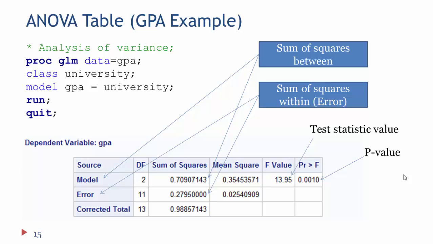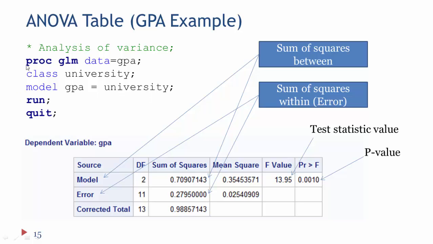analysis of variance procedure, and for that we'll use a general linear model framework in SAS, and this is called PROC GLM. Okay, so PROC GLM data is the GPA data that we want to use, and then we have to declare which is the class variable, which is the categorical variable, in this case the university, and then we have to write the model statement where the outcome variable, the dependent variable, is the GPA, and the university is an independent variable.